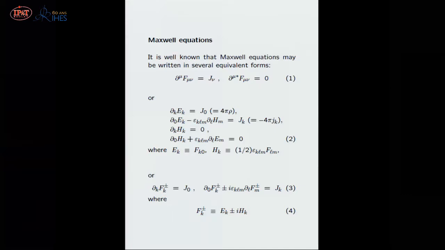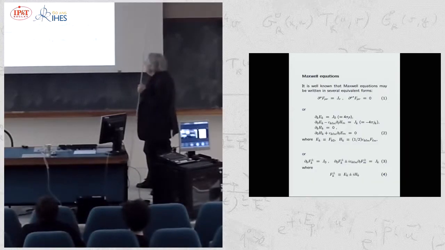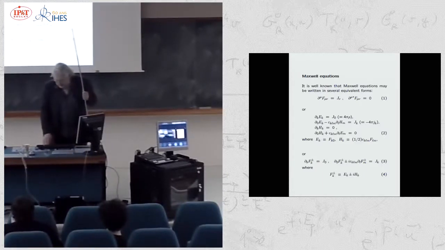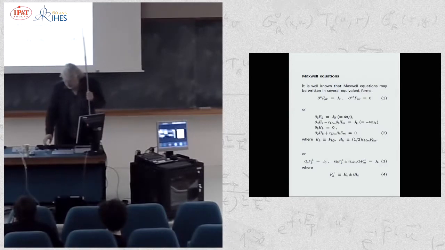Okay, so I start with something that everybody knows, in particular, the Maxwell equations, which I give in three forms, in equations 1, 2, 3. This is something that you all know, and maybe I will not stop very much on this page.